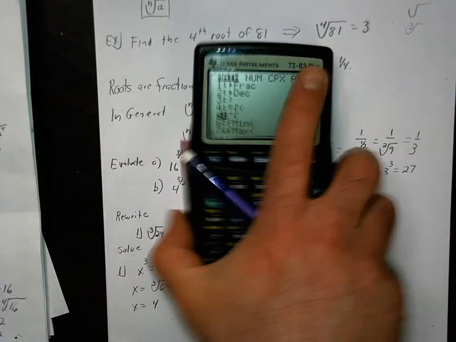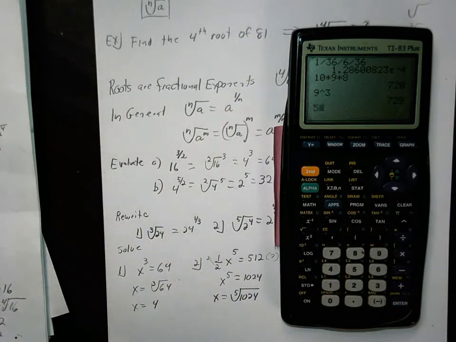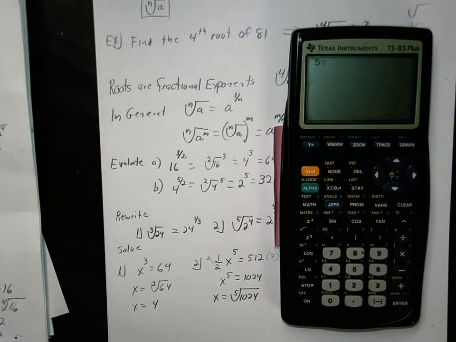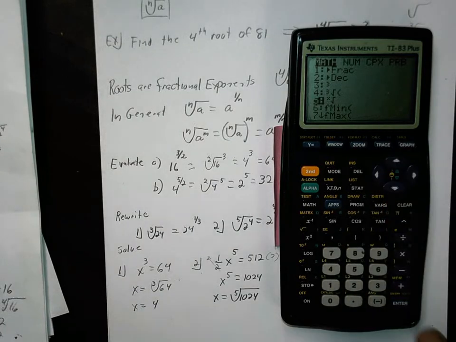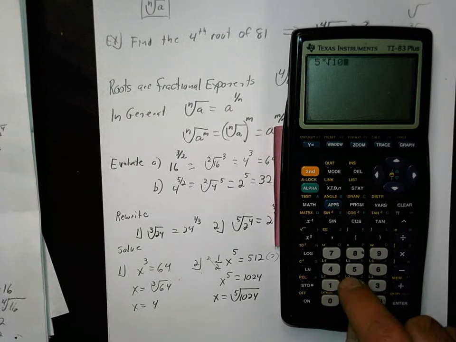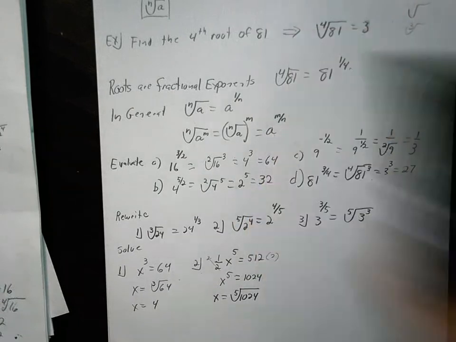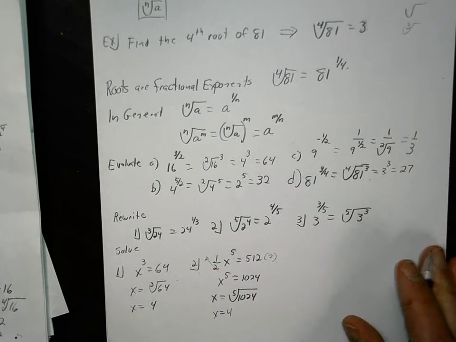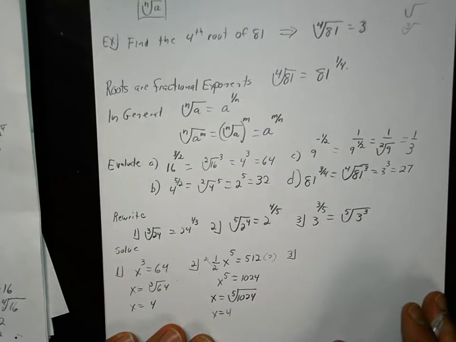So if I want the 5th root of 1024, I would actually have to type in the index 5, hit math, go to the x root, and then 1024, and it tells me it's 4. The 5th root of 1024 is 4, because 4 to the 5th is 1024.